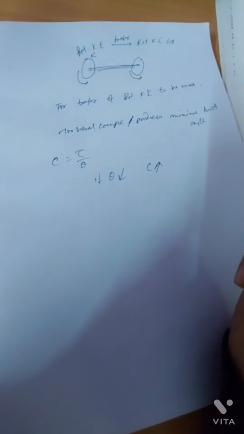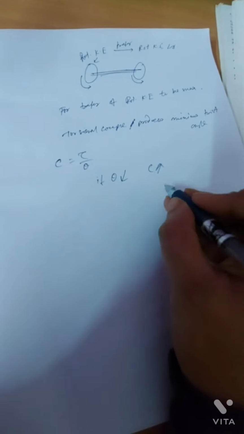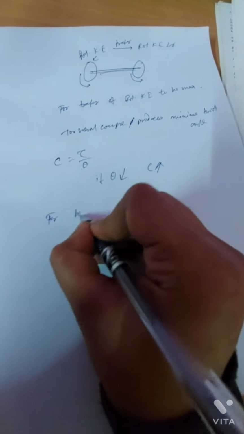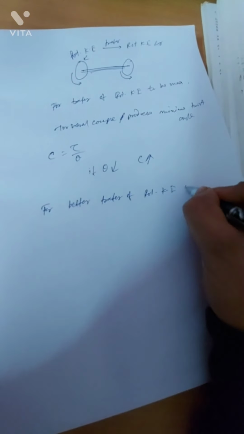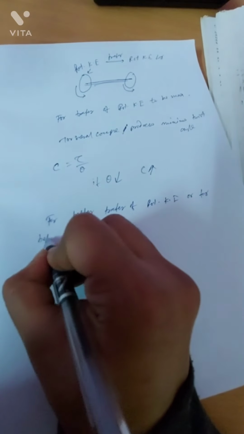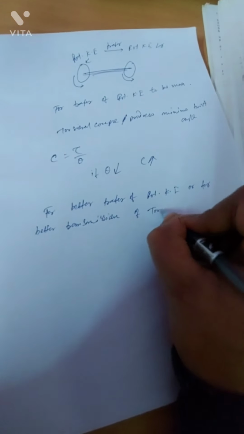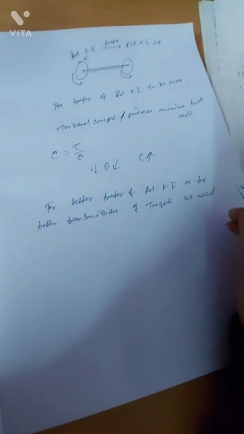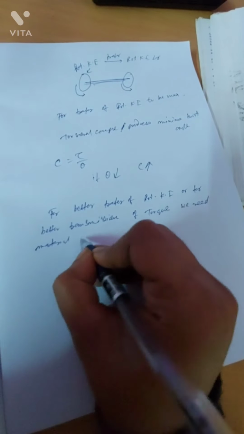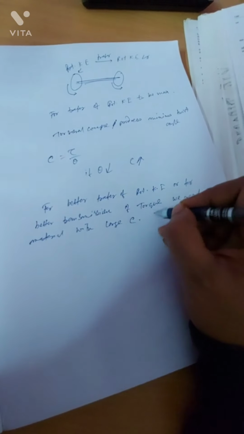So for better transfer of rotational kinetic energy, or better transmission of torque, we need a material with large C.